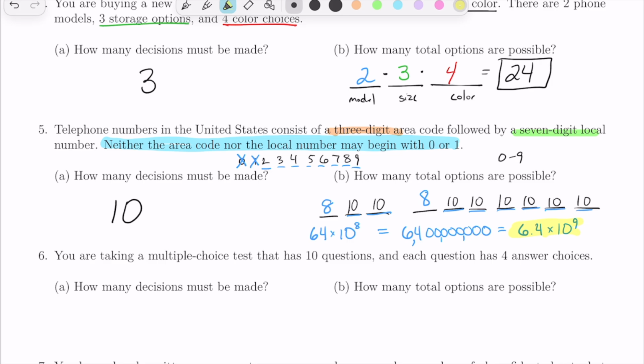And then 10 to an exponent, however many places you're going to need to move the decimal. All three of these values are equivalent to each other, and I would hope you take a minute to understand why. Okay, so in the United States with this particular phone system, this is how many phone numbers are possible under these particular rules.